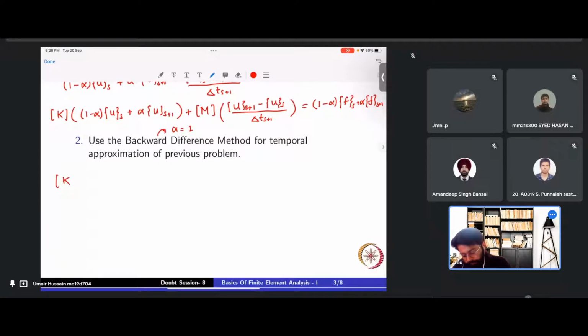We have k times u at s plus 1. Then we have m times, we don't have any alpha term here, (u at s plus 1 minus u at s) over delta t at s plus 1.